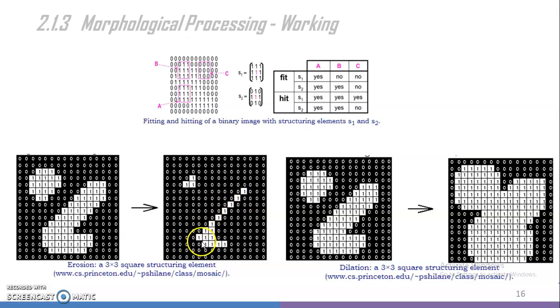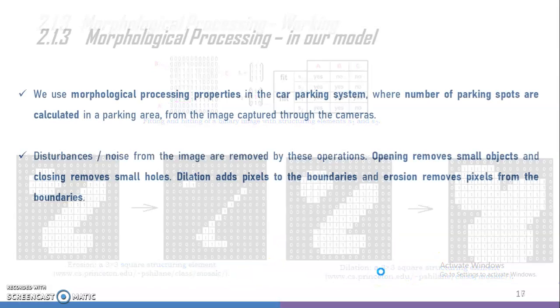So it gets rid of the outer boundary pixels, and dilation brings back the boundary pixels again. Here we can see in these parts the structural element will hit the image at any part, it will be 1, so the boundary pixels are increased, so they are turned into white here. So these are the differences between erosion and dilation.